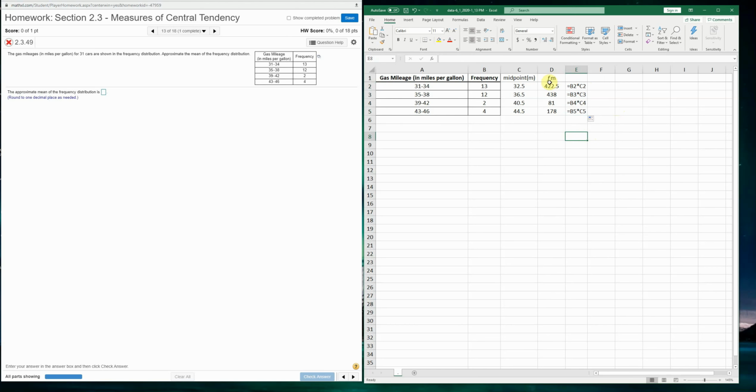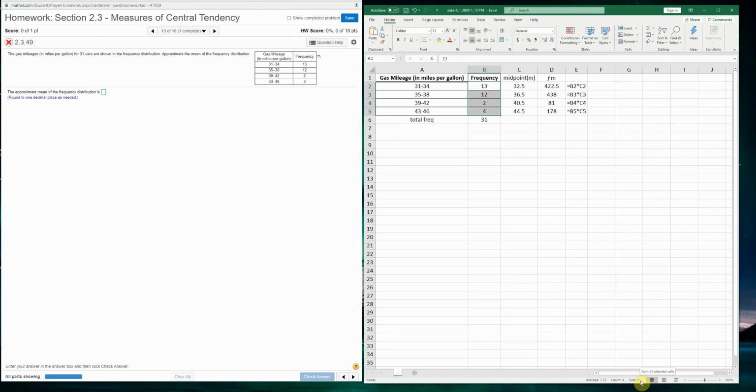So here's frequency times midpoint. What I also need to know now is the sum or total, if you would, doesn't matter, of these. So that will be the sum. Again, I could just highlight them. I'll show you that again. But I highlight them and hit enter. I could have just highlighted these all together and looked down here.